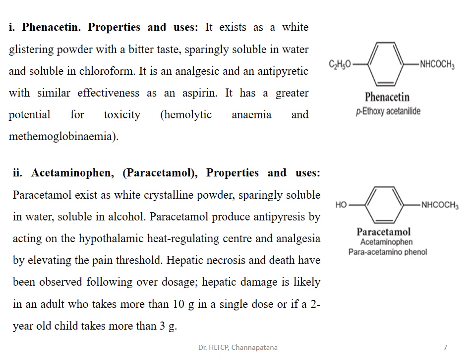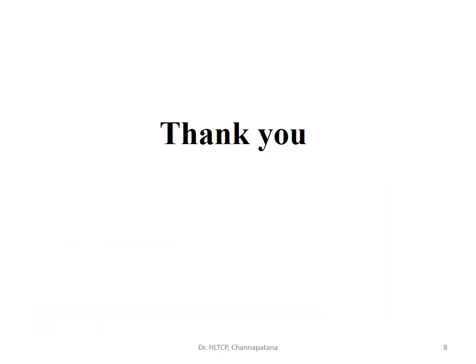It also has analgesic and antipyretic properties. On long-term use, if more than 10 gram is used by an adult, it may cause hepatic damage, and if more than 3 gram is used, it damages the liver and causes hepatic damage in 2 years of children.